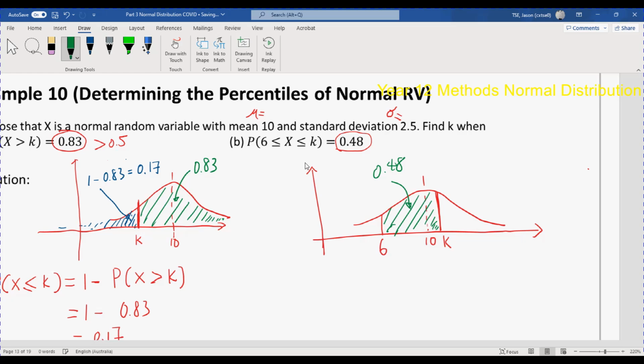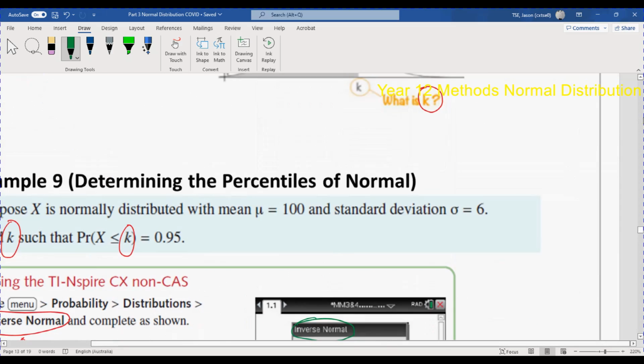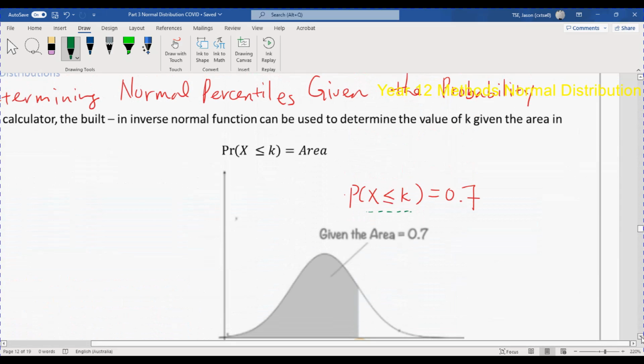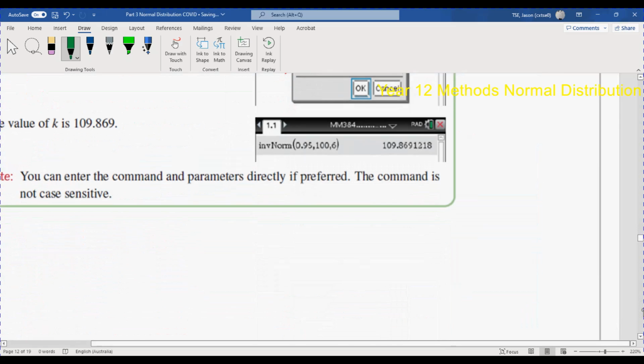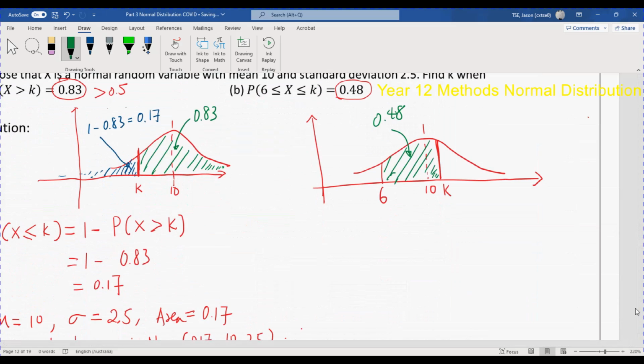We can't. The problem is we can only find the area on the left hand side of k to negative infinity. Let's go back to this graph. You see, the area needs to be on the left hand side of k all the way to negative infinity. There must be no lower bound, but there is a lower bound right here.